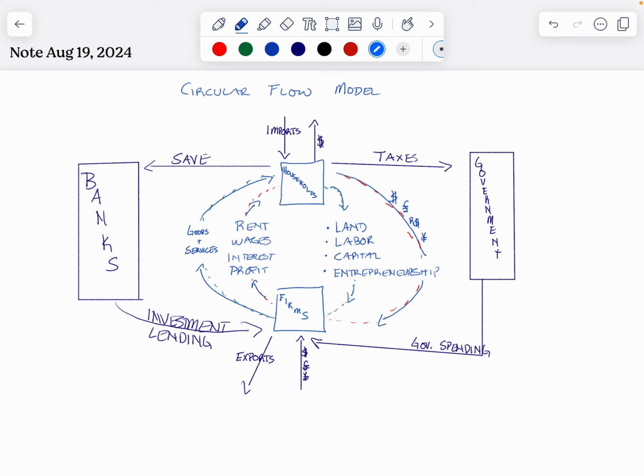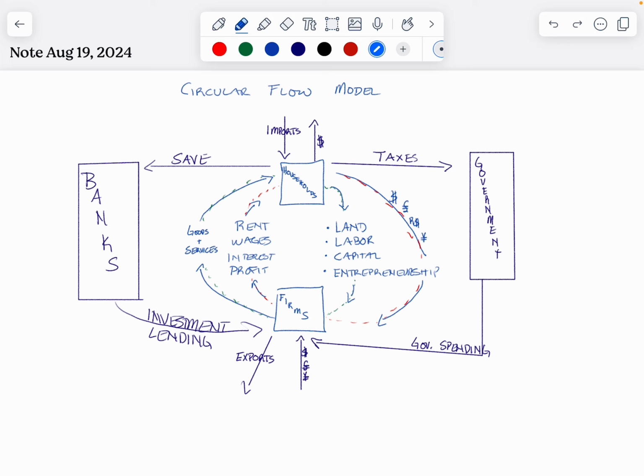Now might be a nice time to pause for a moment and note that taxes always balance with government spending, and savings balances with investment and lending. But there is not a guarantee that imports and exports are going to balance. And so, one of the major jobs of a government that we'll actually discuss much later in the course is to balance imports and exports so that this circular flow model can keep flowing.